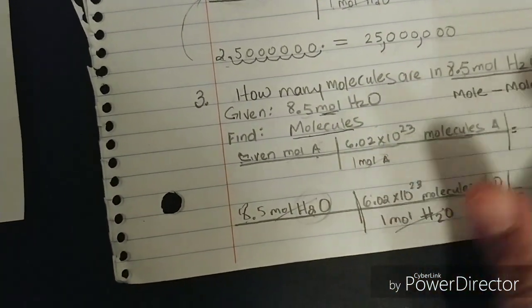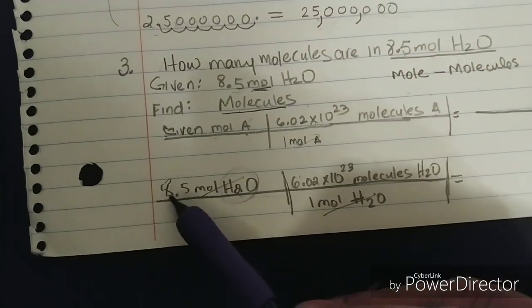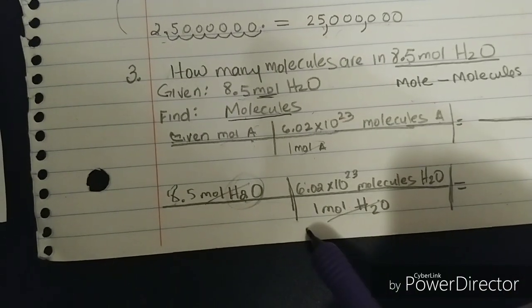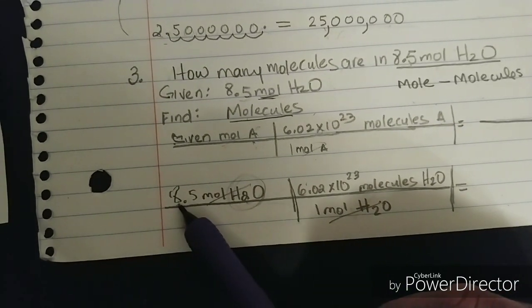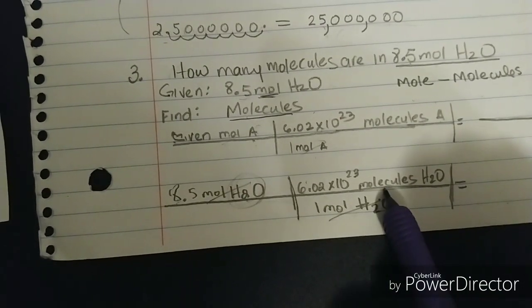Okay, so for the math, just like I showed you before, you're multiplying across and dividing by the bottom. So in this case, it would be 8.5 multiplied by 6.02 times 10 to the 23rd.